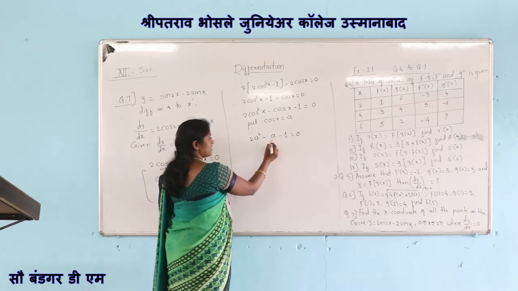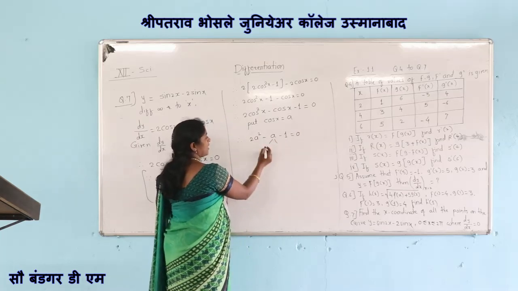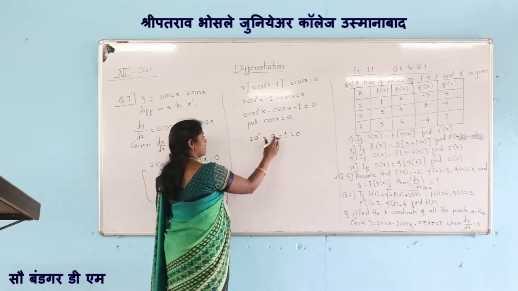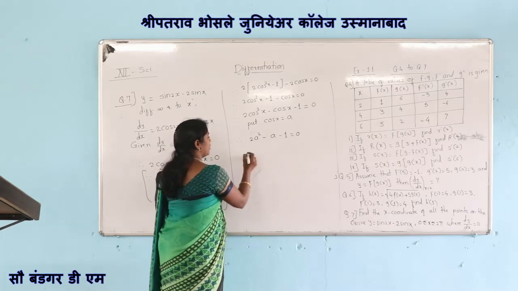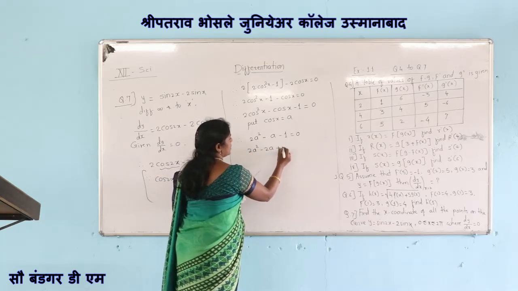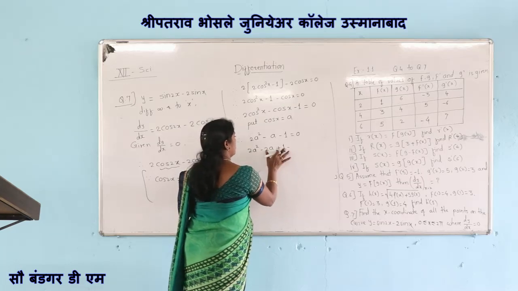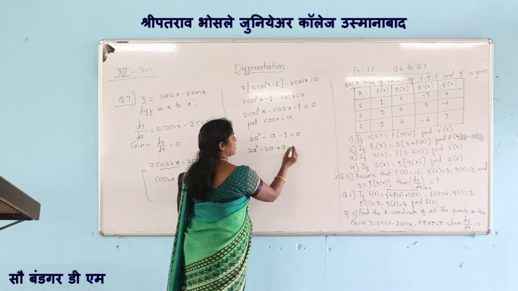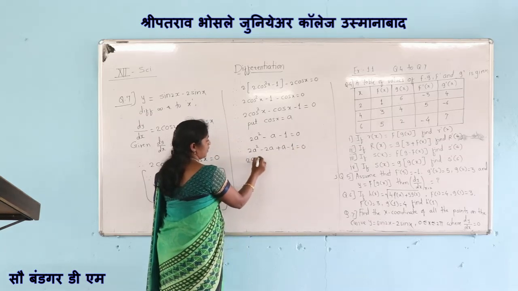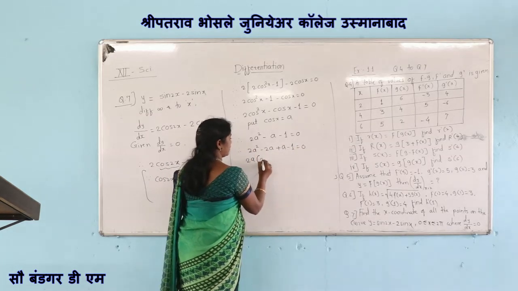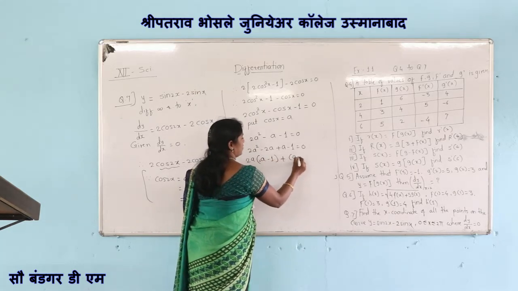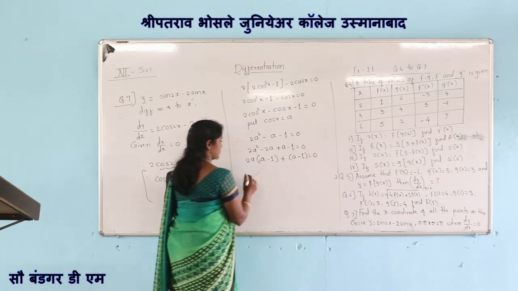When we factorize, splitting minus a into minus 2a and plus a, we get 2a square minus 2a plus a minus 1 is equal to 0. Taking 2a common, we get 2a(a minus 1) plus (a minus 1) is equal to 0.